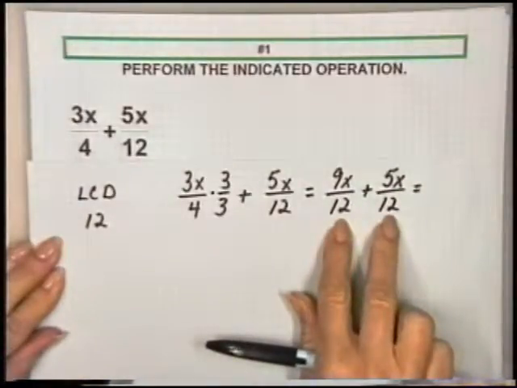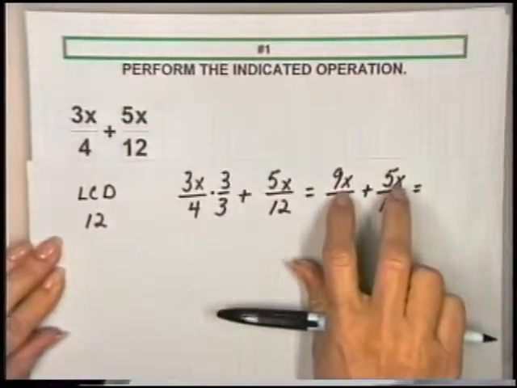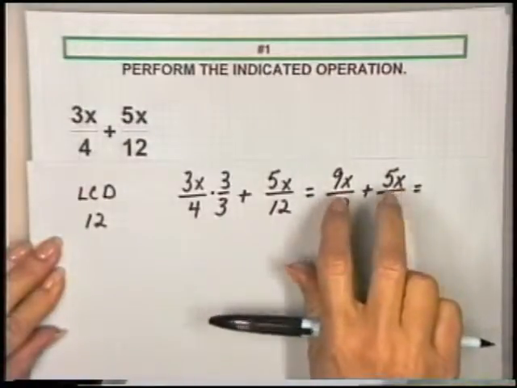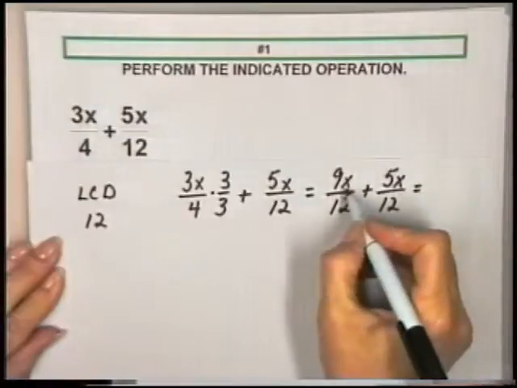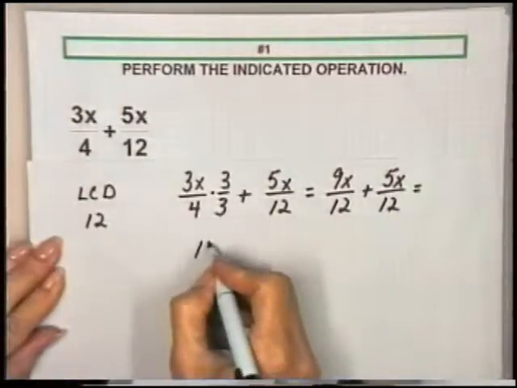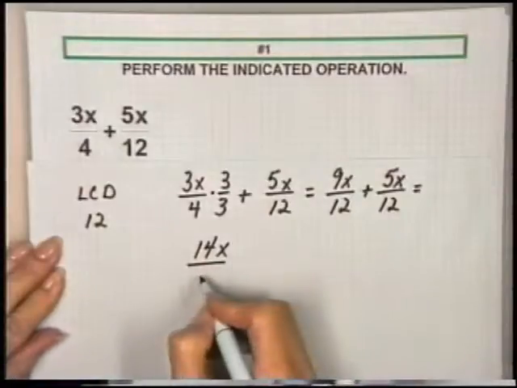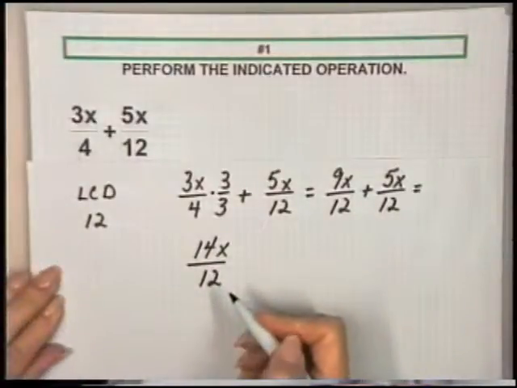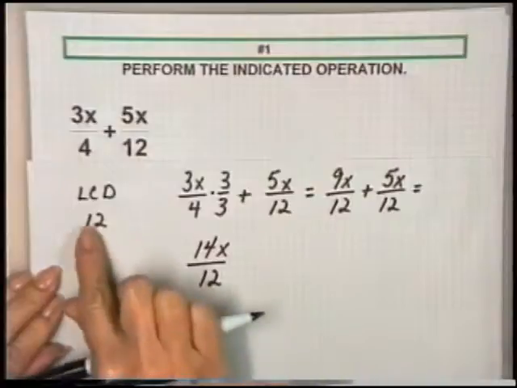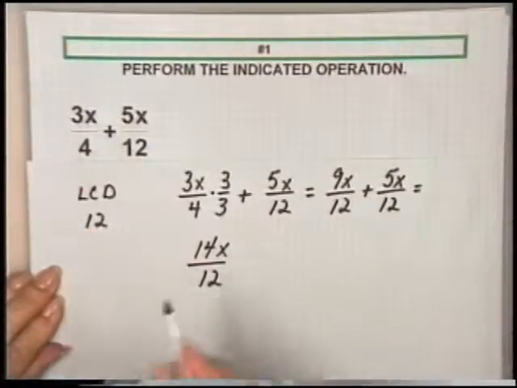Since my denominators are the same, I may add my numerators. Since my numerators are like terms, I may say 9x plus 5x is 14x. When I add 12s to 12s, the denominator is 12. Note, the denominator is the same as the LCD.